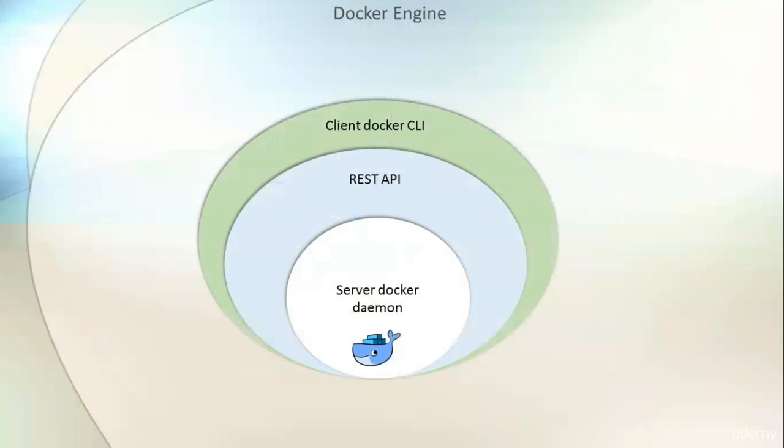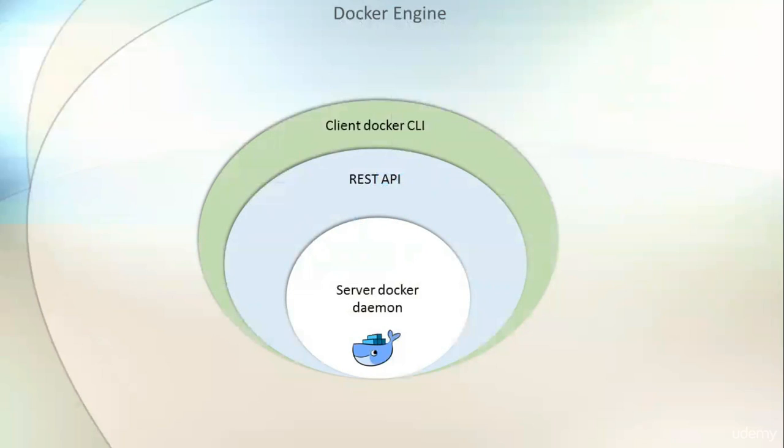That is the daemon we call Docker D. All right. In upcoming lectures we are going to do the labs. In the labs we will see how Docker D allows us to create a number of containers and manage them. So Docker D is very important.